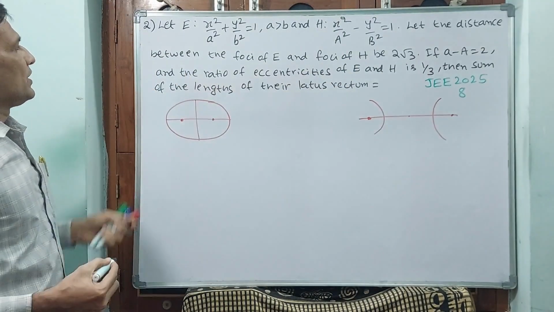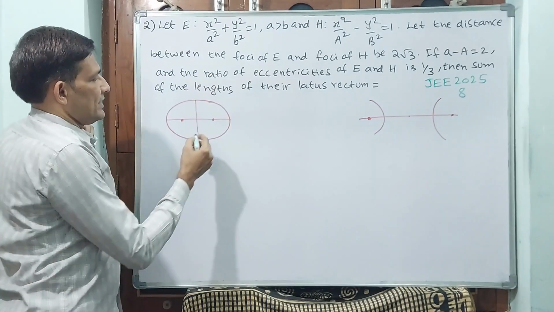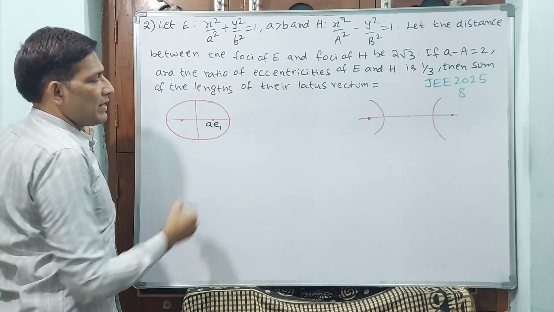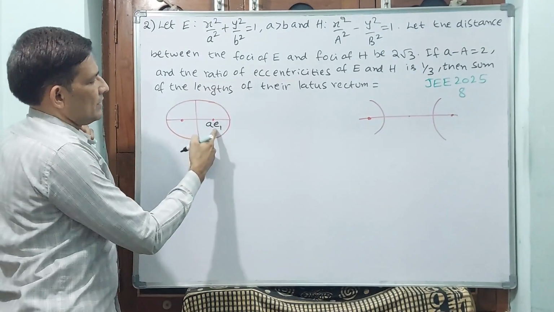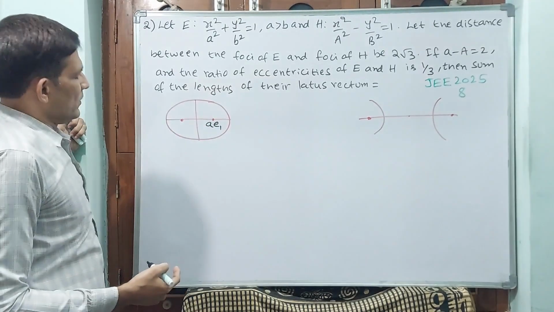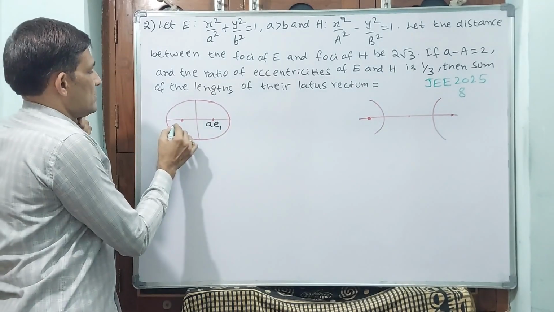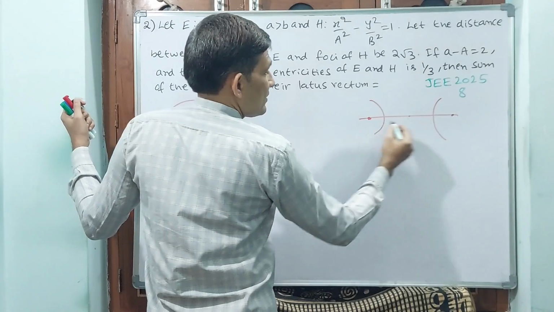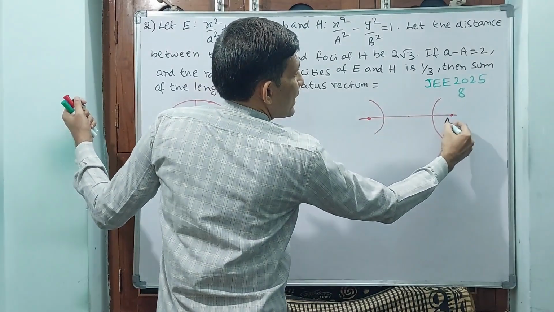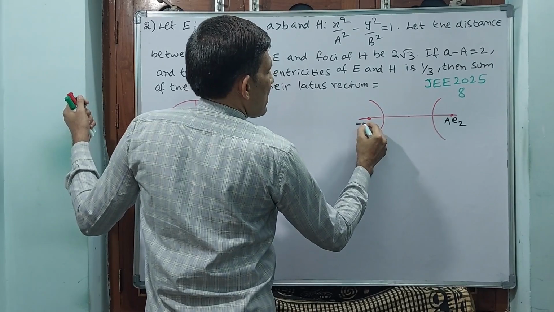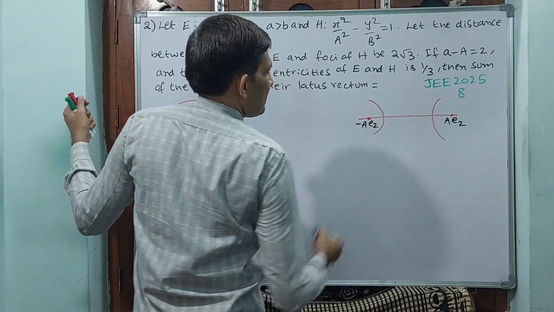Now, foci means you shall write aE1, and here also minus aE1. Here capital A E2 I will write, minus capital A E2 I will write.